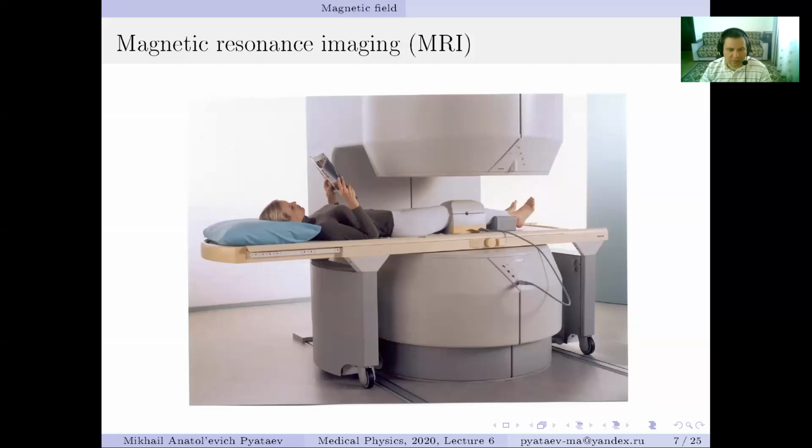The pulse makes the protons precess in phase, and then the precession relaxes and the protons become oriented mostly parallel to the axis of the magnetic field, and the relaxation time depends on the type of tissue. That's why we can create a picture of different types of tissues in our body using this technique.